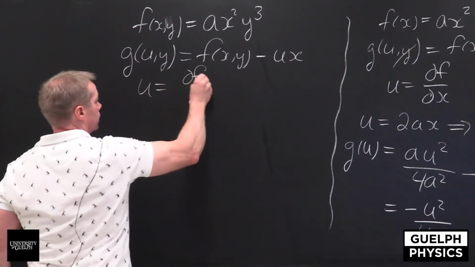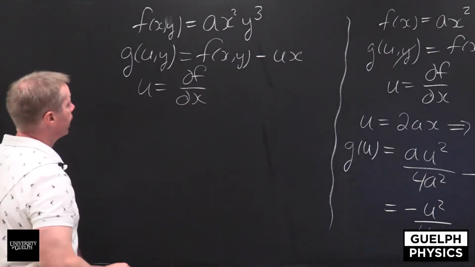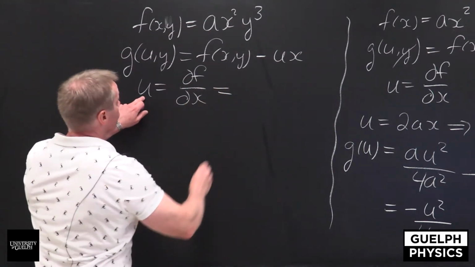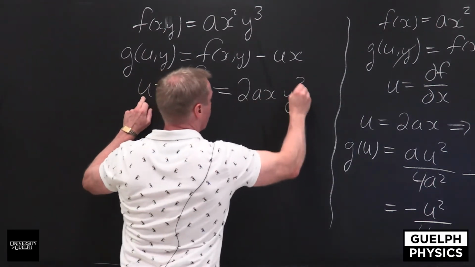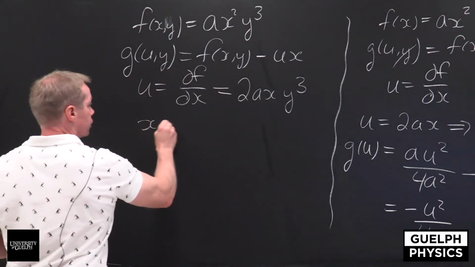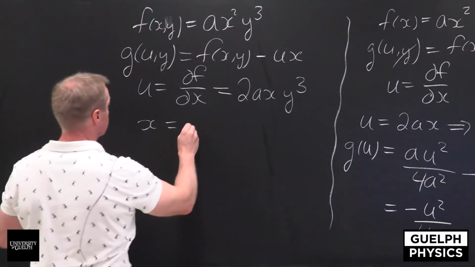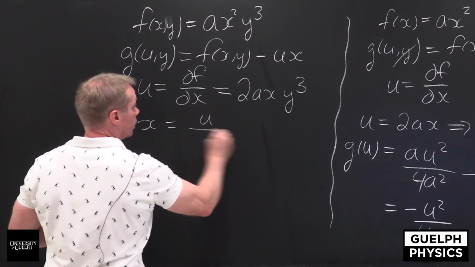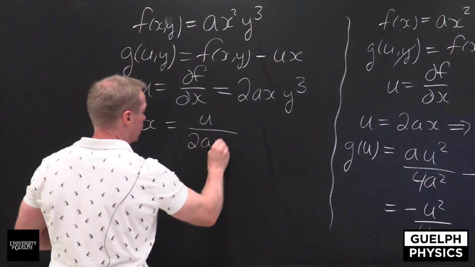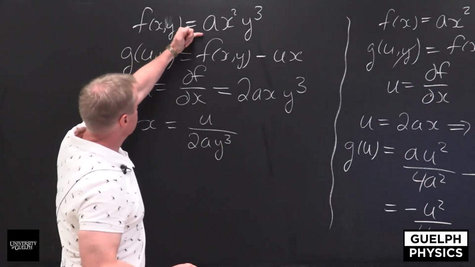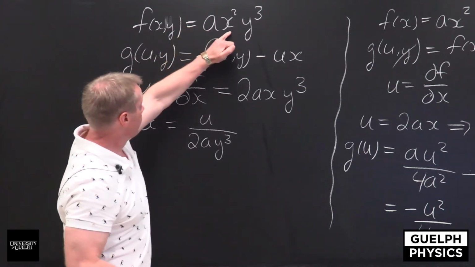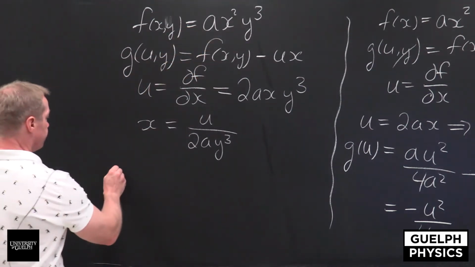U is df by dx, and so that is 2ax y cubed, and so x is u over 2ay cubed, and I substitute that in for my value of x in my original function.